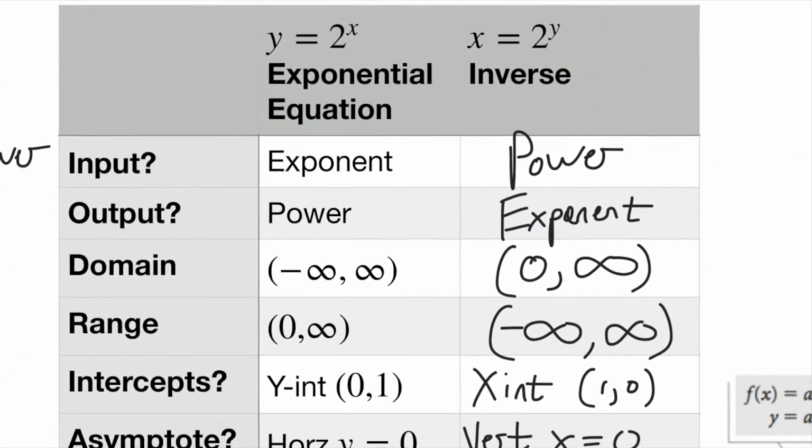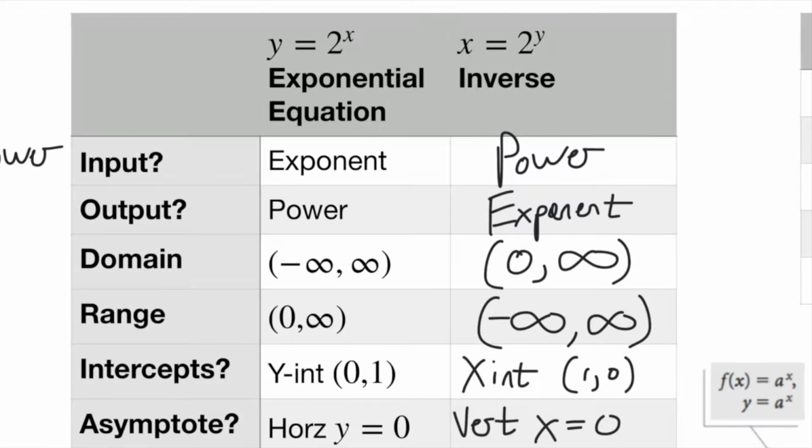So, let's talk about what that would be. Here, y equals 2 to the x is an exponential equation, and then we have the inverse. And notice the difference between these two is that we just interchange the x and the y. Here, for exponential equations, the input was an exponent and the output was a power. So, we can flip those.